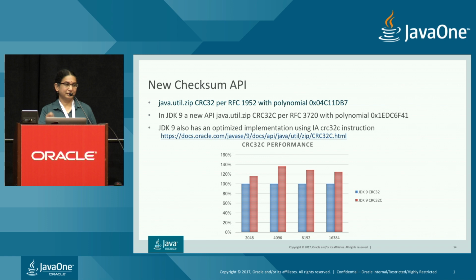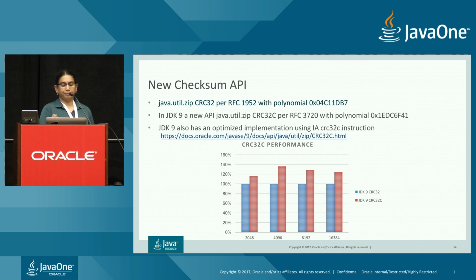Stefan Friberg added CRC32C to Java 9. Intel has an instruction called CRC32C, which can be used to implement the CRC32C of the Java 9 API. This is basically the iSCSI CRC polynomial.